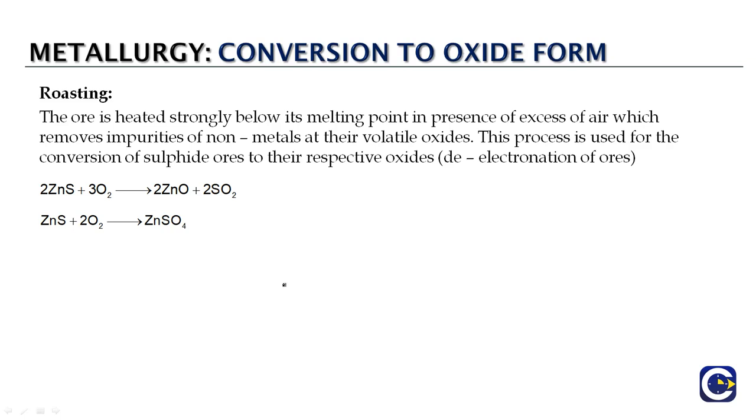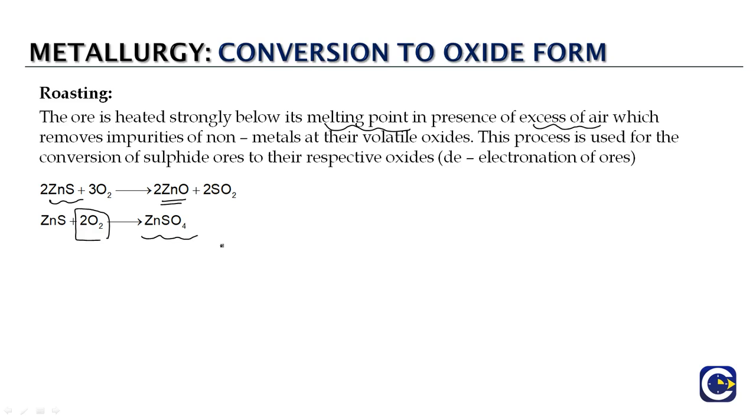If you look at a sulfide ore, when we strongly heat this sulfide ore below the melting point in the presence of excess air, the sulfides convert into the oxide. Here we look at the example of zinc sulfide. On heating with excess oxygen, you get zinc oxide. But if you have a lesser amount of oxygen, we may end up getting other substances like zinc sulfate.